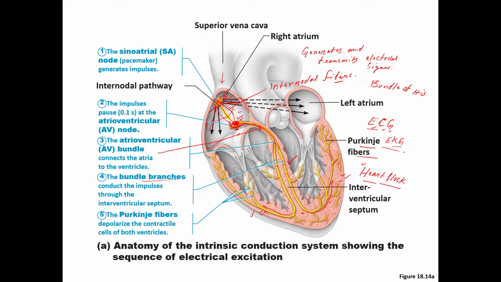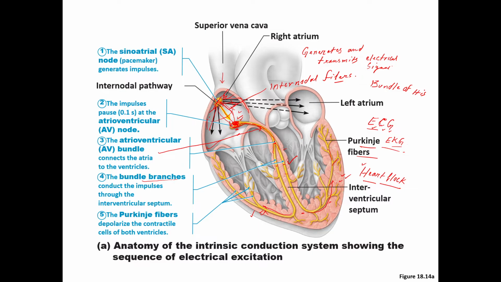Number one. Number two, the AV node will take over, so the heart rate will be slower. Those two things you will see if the SA node fails. The P wave will disappear because there is no atrial contraction, and now the AV node is producing impulses at a slower rate, so the heart rate will be slower.